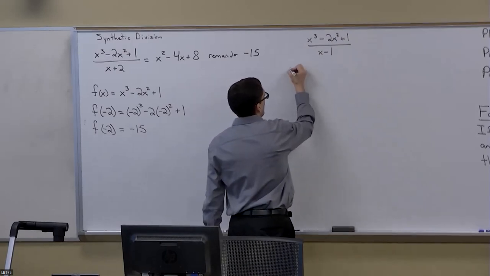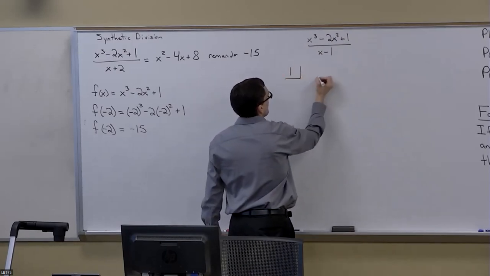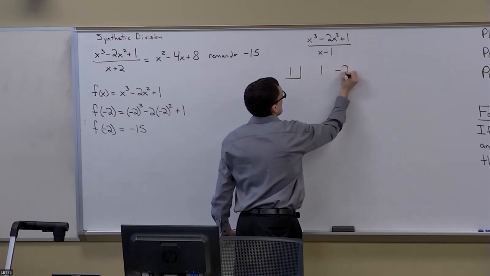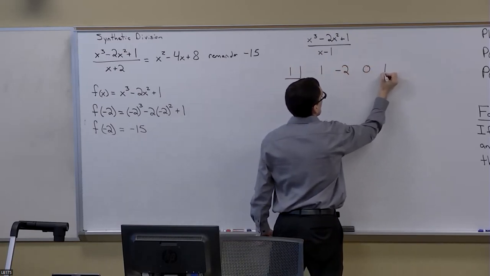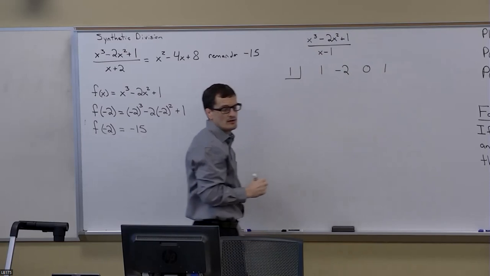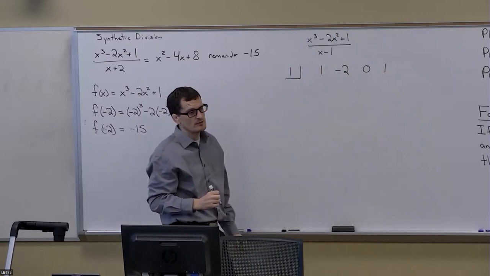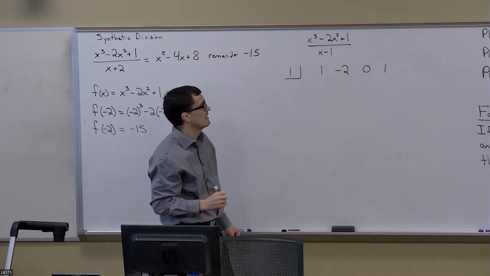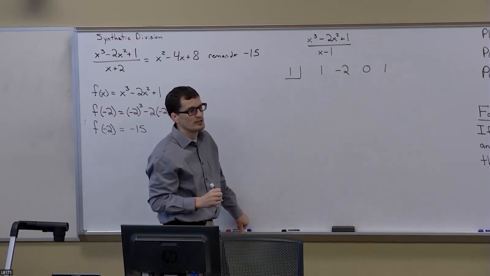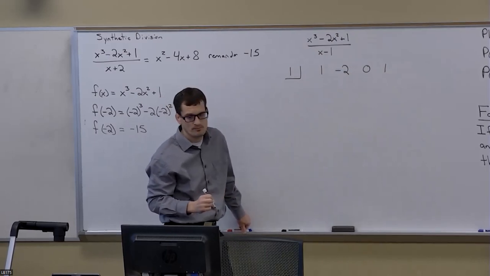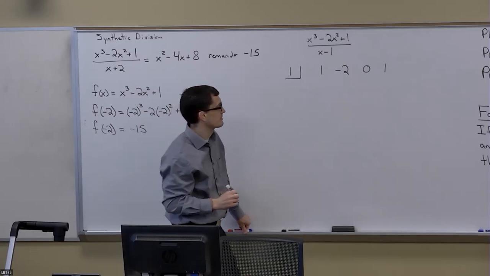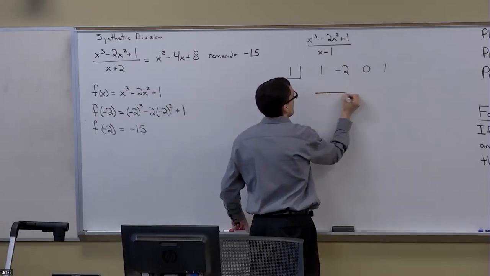I'll use synthetic division. 1, -2, 0, +1, right? When I write synthetic division, remember when I don't have an x term, I have to put in a space for that x term by using 0.